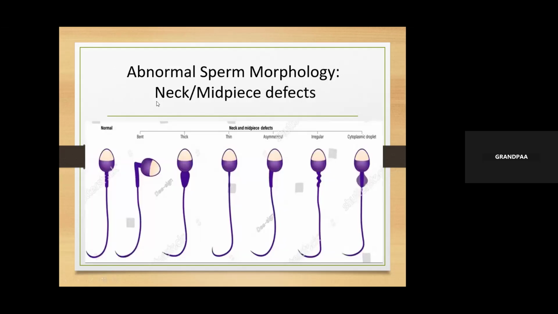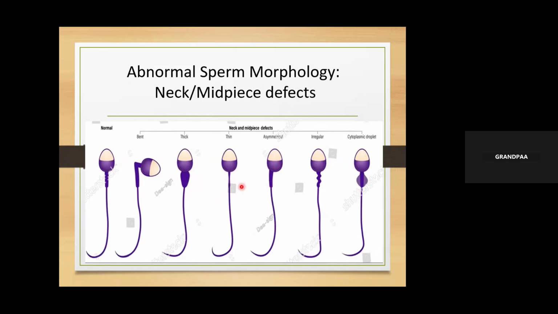So these are some pictures of the abnormalities of the neck area. Of course, this is a bent one. You can see that this is completely bent. This one is thick: the neck, the mid piece is thick, and this is very thin. And this is the asymmetrical.